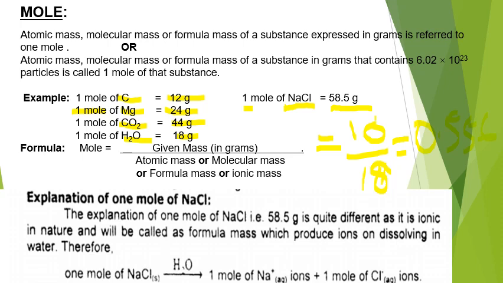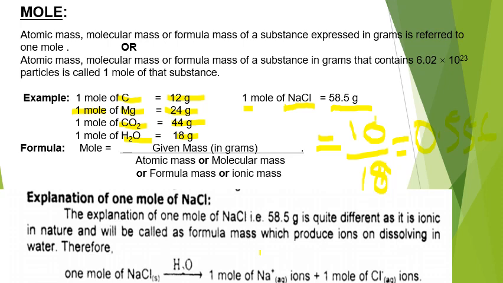In total, one formula unit, that is 1 mole of NaCl, is producing 2 moles of ions. How? That is 1 mole of sodium ion plus 1 mole of chloride ion means equal to 2 moles of ions.